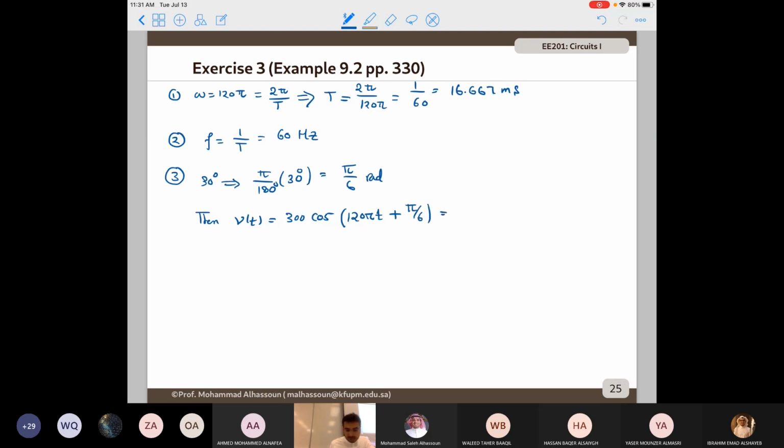And it turns out that if you evaluate it at t equals 2.778 milliseconds, the product of 120 pi with t is pi over 3. Pi over 3 plus pi over 6 is pi over 2. What is cosine of pi over 2? 0. Exactly.